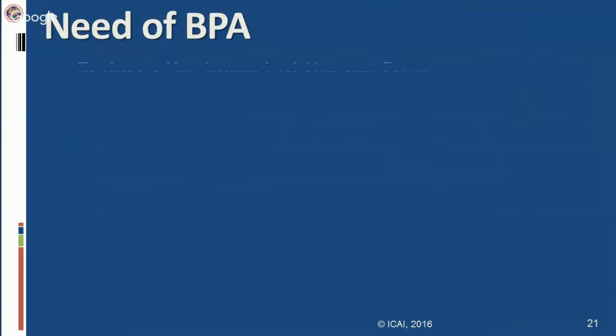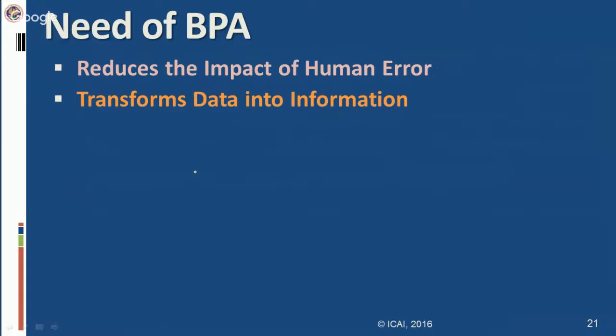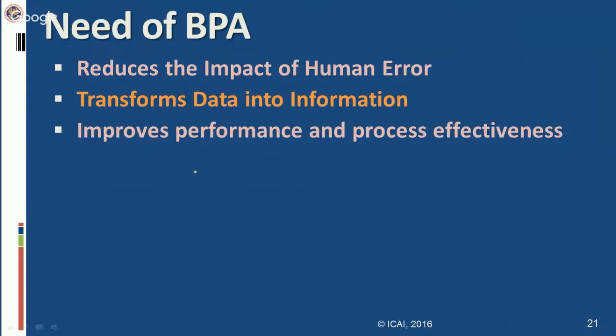But why do we need to have BPA at all? The need of BPA: it reduces the impact of human error because technology is involved. It transforms data into information with the help of a process. It improves performance and process effectiveness for sure, because timelines are cut.